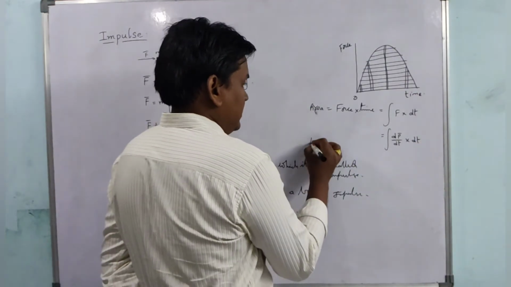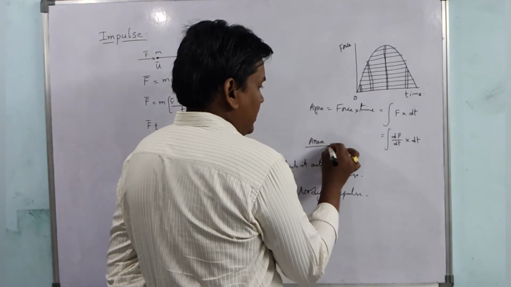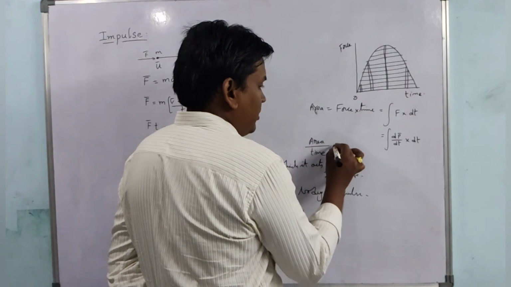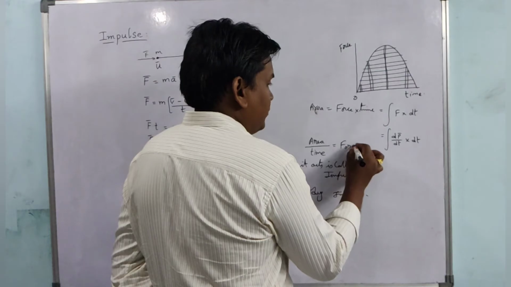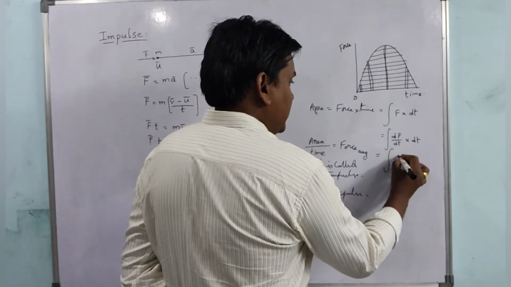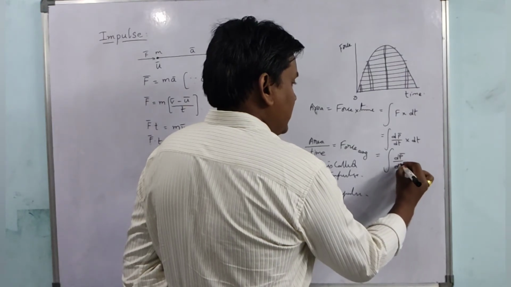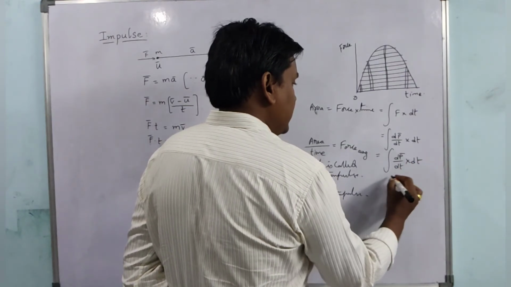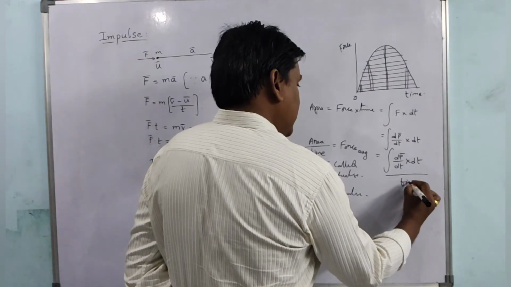And here, area upon time, that is the average force, equals integral of dp bar by dt into dt upon time.